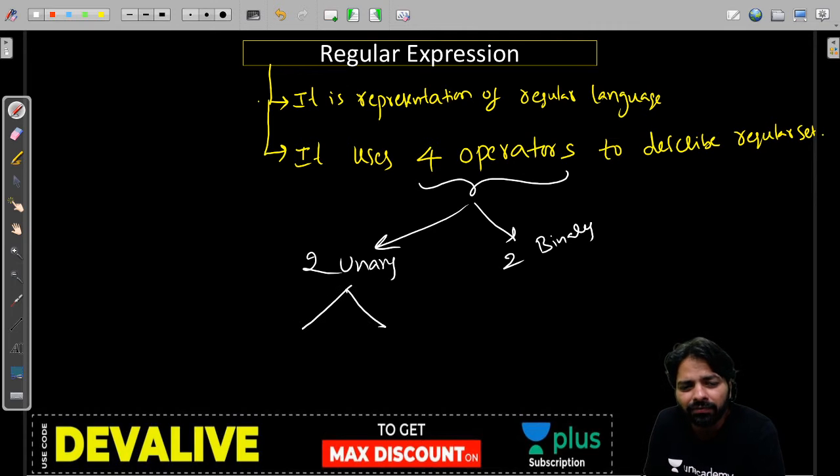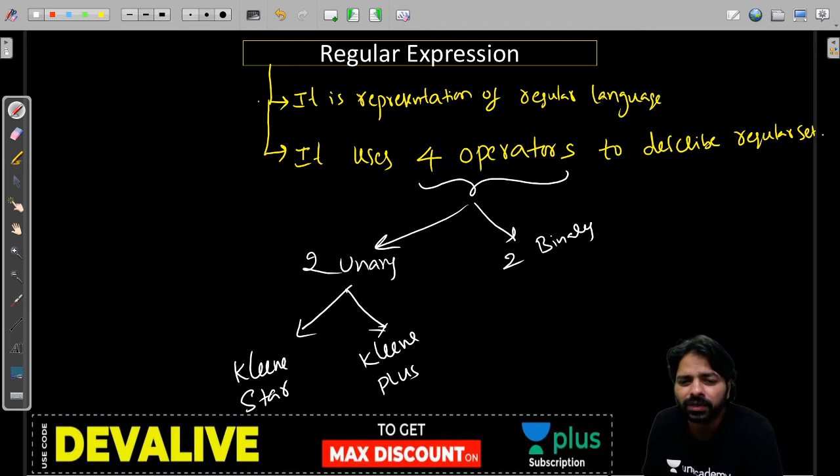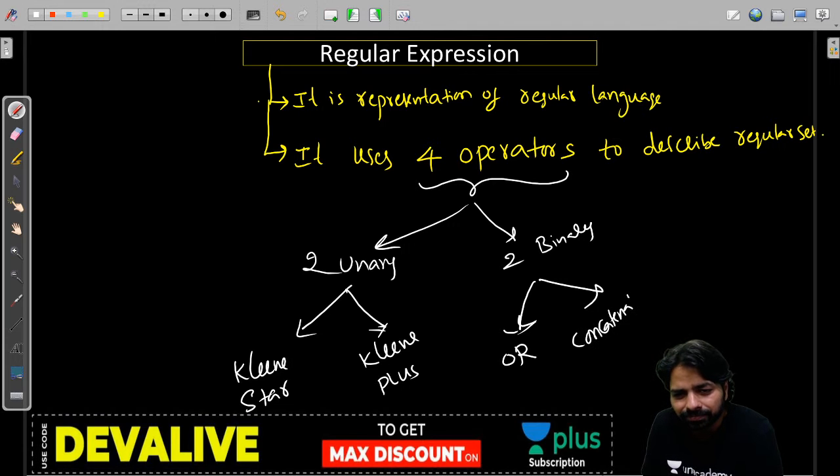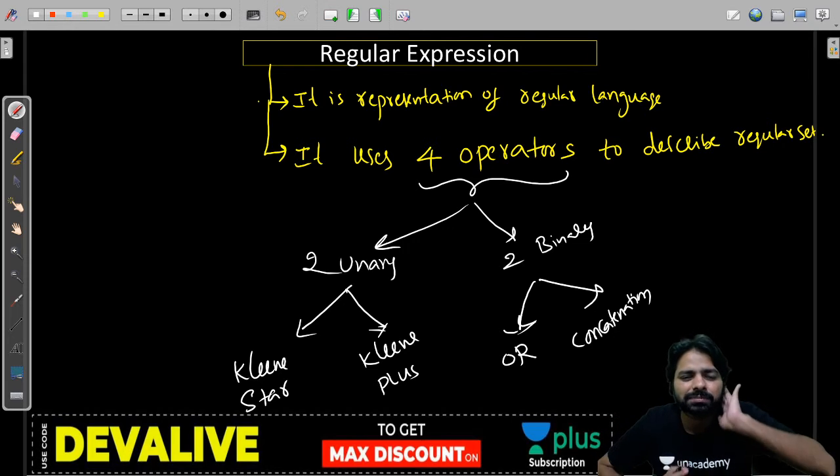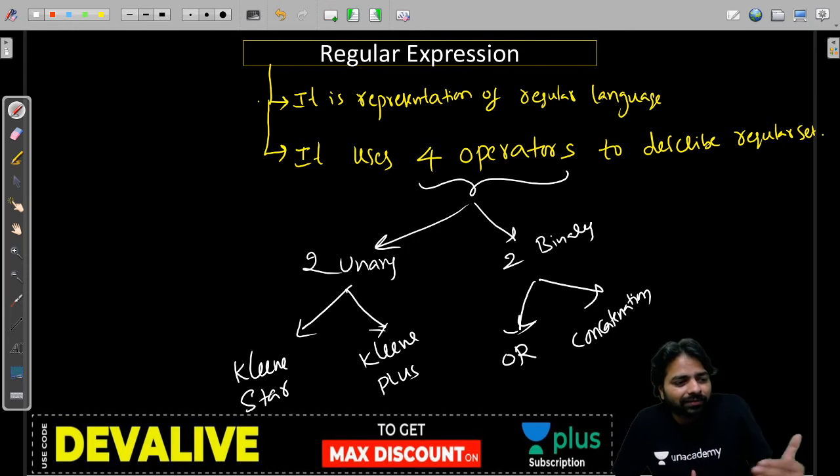In unary we have 2 operators. One is the Kleene star, another name is Kleene closure, and the other is Kleene plus, the positive closure. And the 2 binary operators are OR and concatenation. So these are the 4 operators that we deal with in a regular expression to represent a regular language.